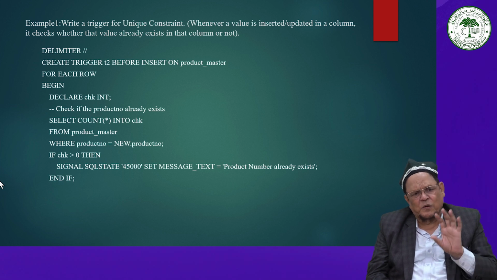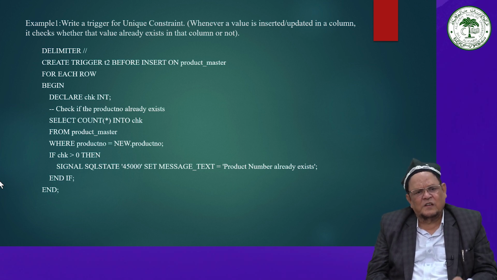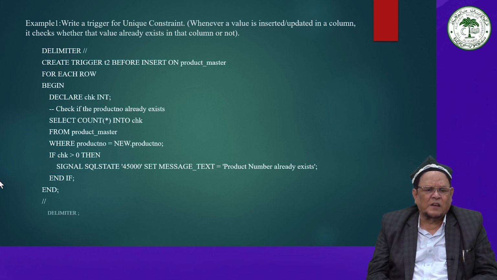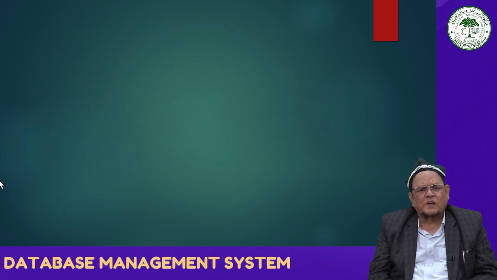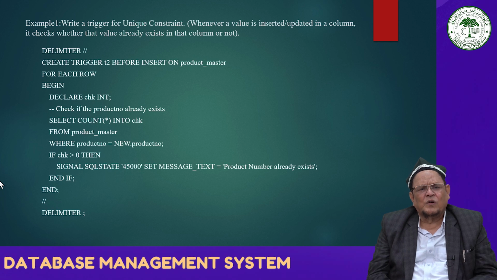Then end if, it will be closed. Then the begin will be closed. Then you have to write the double delimiter and then the delimiter. In this way, you are able to write a trigger for unique constraints.